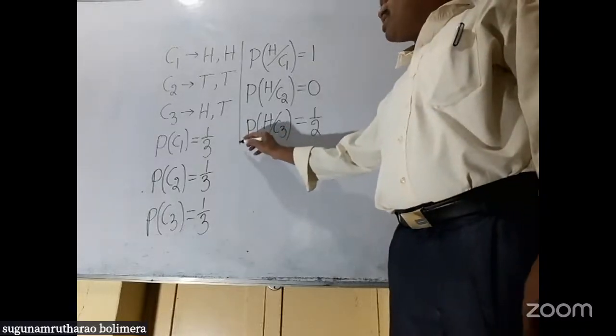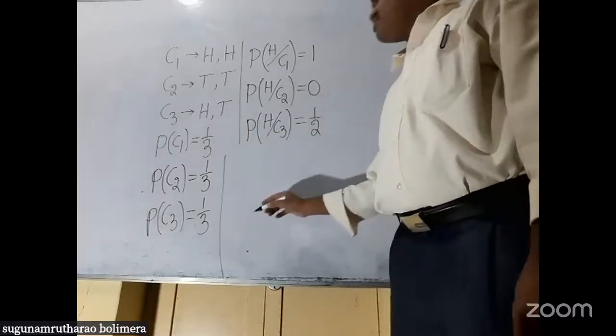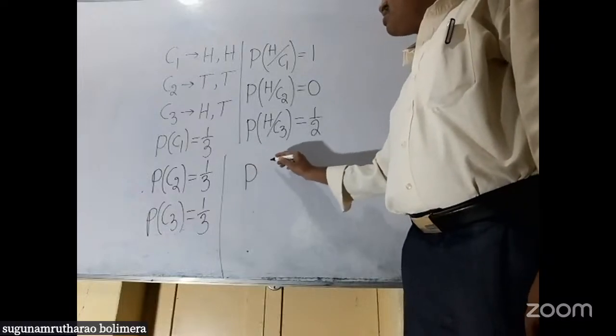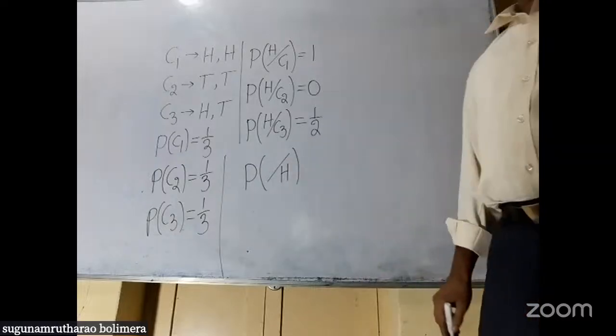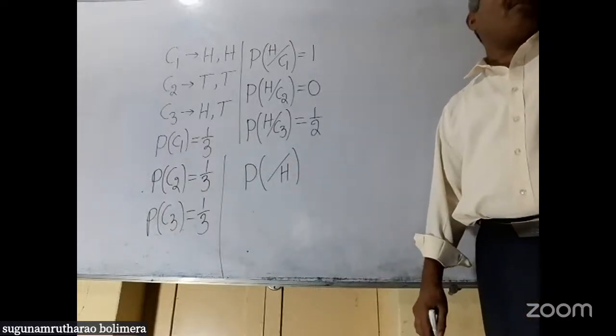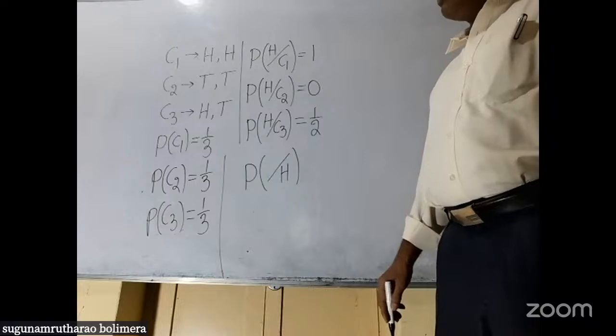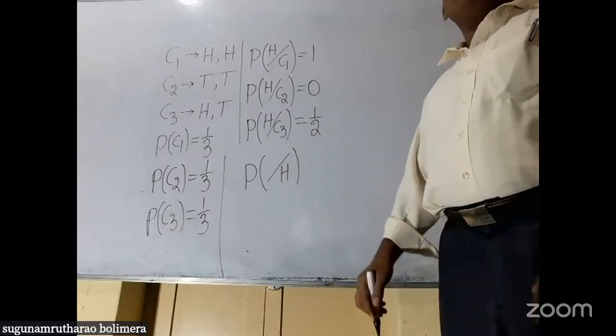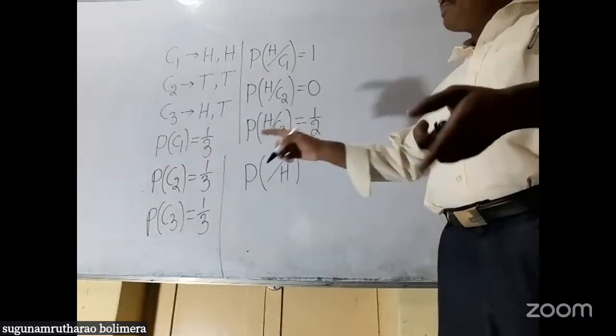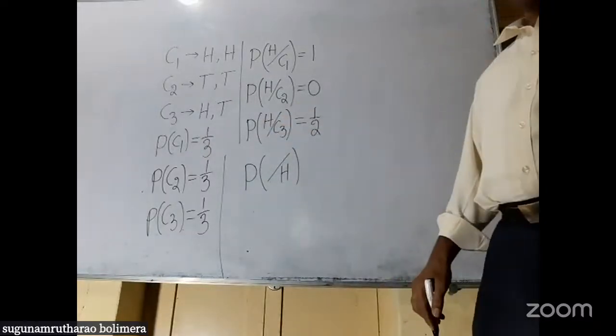You have tossed a coin and already you have got head. The question is that the other face must be tail. In order to get that, what will it be?